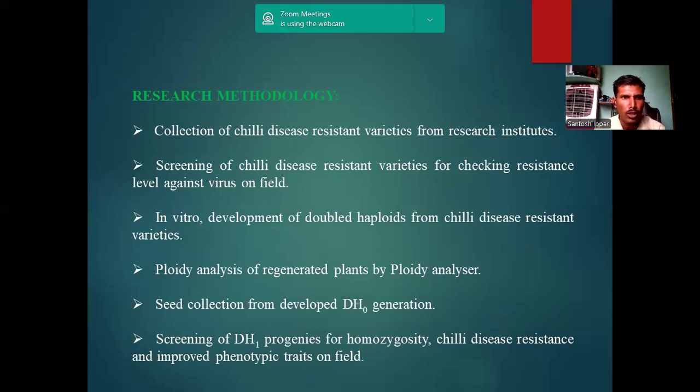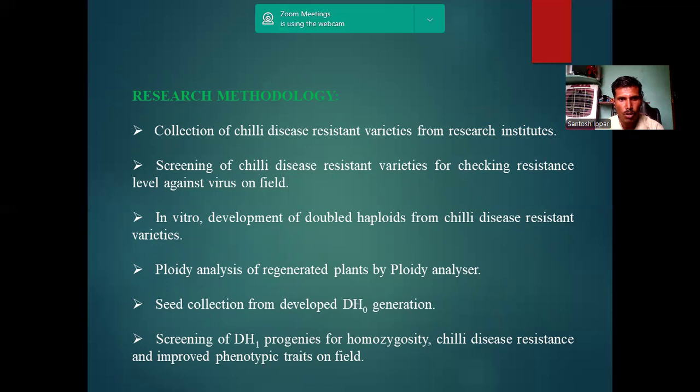This is the research methodology. Collection of chili disease resistant varieties from research institutes. Screening of chili disease resistant varieties for checking resistance level against virus on field. In vitro development of double haploids from chili disease resistant varieties.